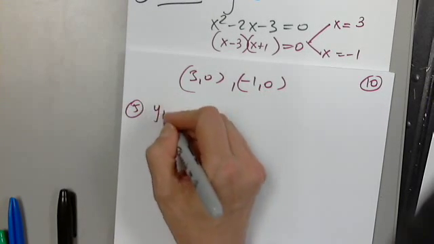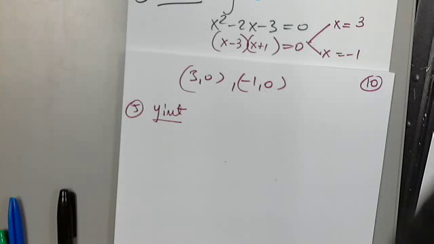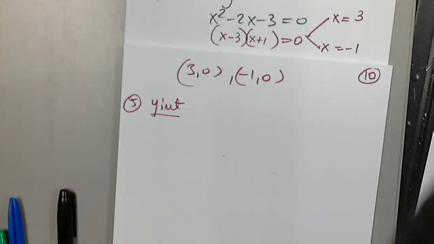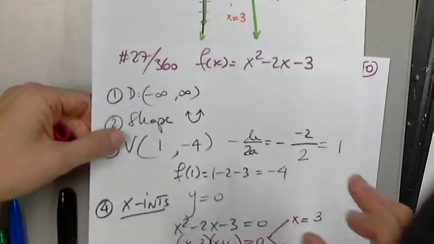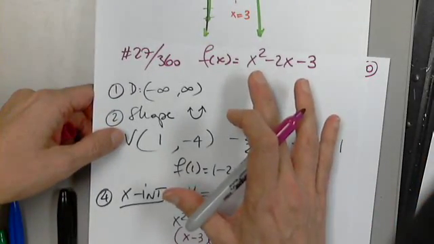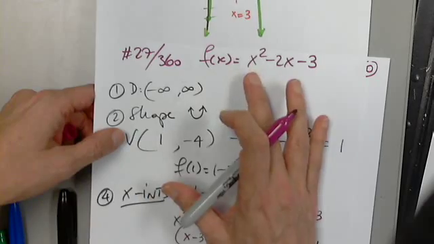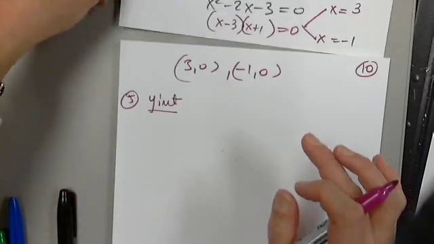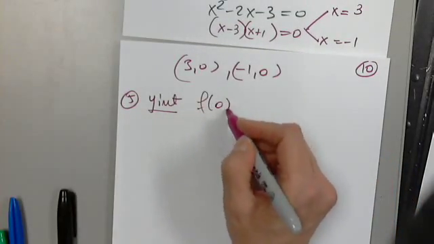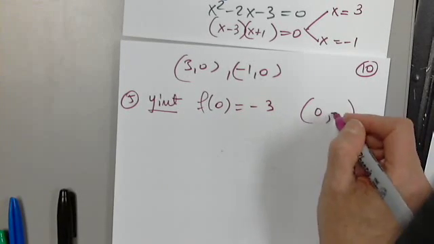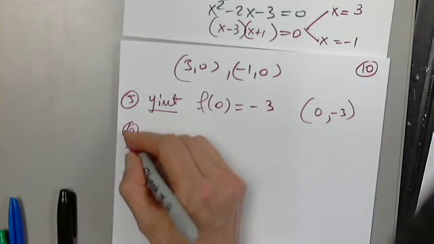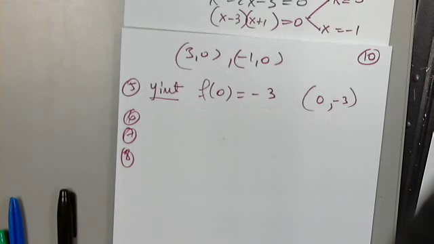Step 5, y-intercept. How do I get the y-intercept? x equal to 0. (0, -3). So f of 0 equals negative 3, which means perfect. 6, 7, and 8 are just words.